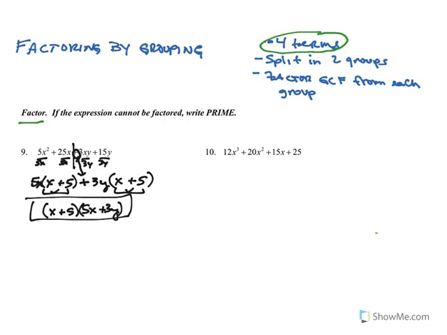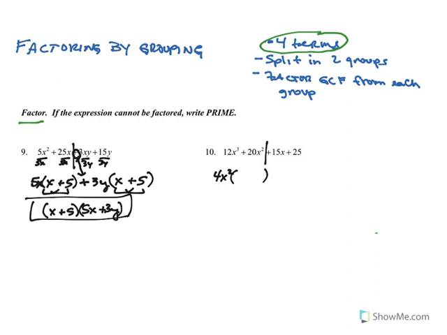All right, the next one, 12x cubed plus 20x squared plus 15x plus 25. We split it, and we do the GCF for each group. In my first group, the GCF for 12 and 20 is 4, for x cubed and x squared it's x squared.